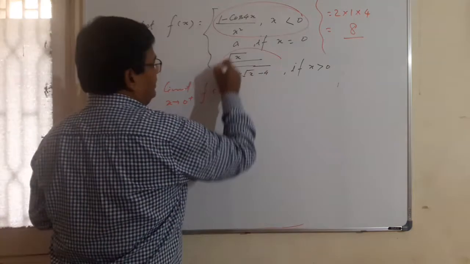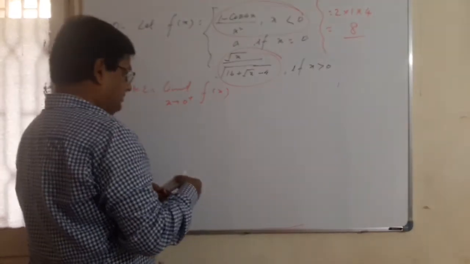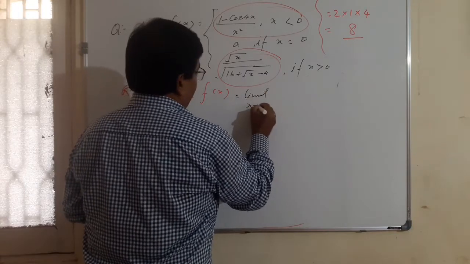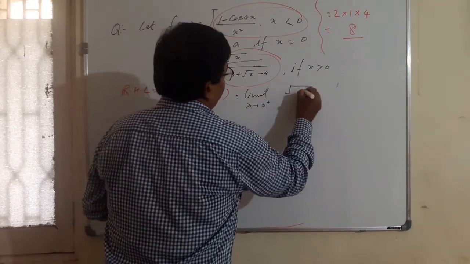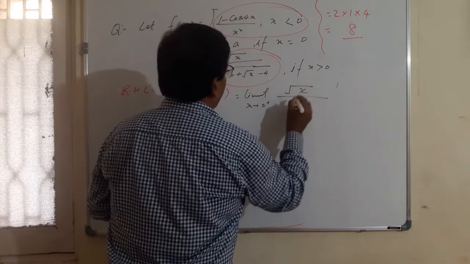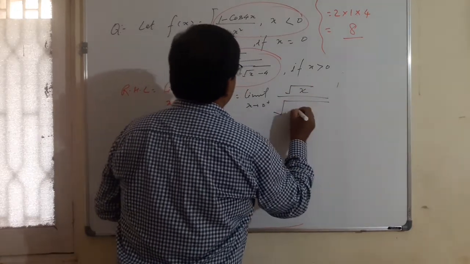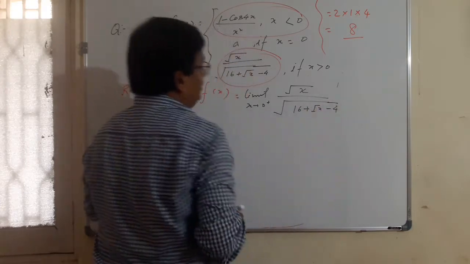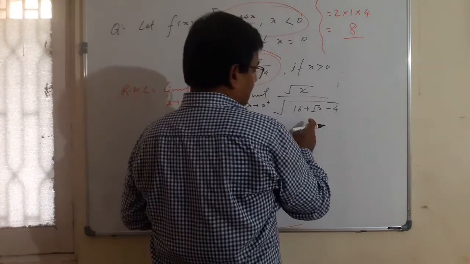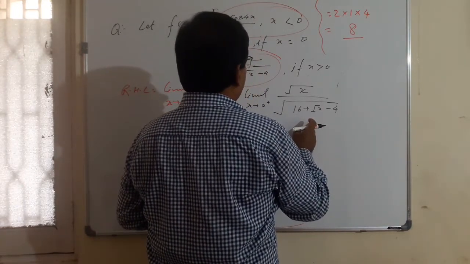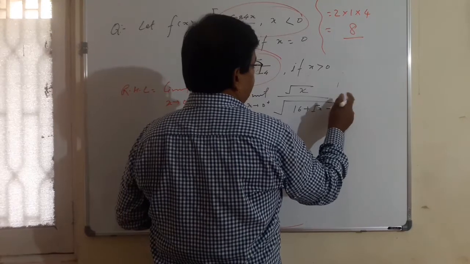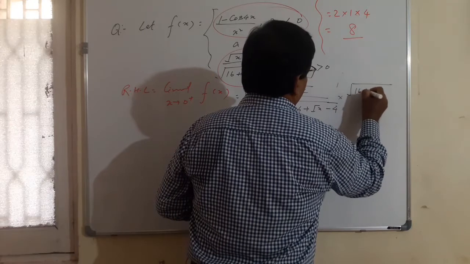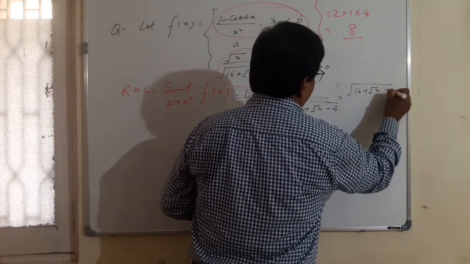So right hand limit, write down: limit x tends to 0 plus root x divided by (square root of (16 plus root x) minus 4). So you have to rationalize. Here you have to multiply it by root of (16 plus root x) plus 4.